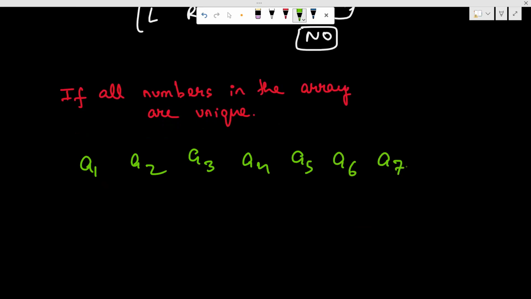Now, let's suppose I tell you that the XOR value 0 is never possible. Then tell me, what is the minimum XOR value possible? If XOR value 0 is not possible, then tell me the minimum XOR value possible. 1. Do everyone agree with me in this?